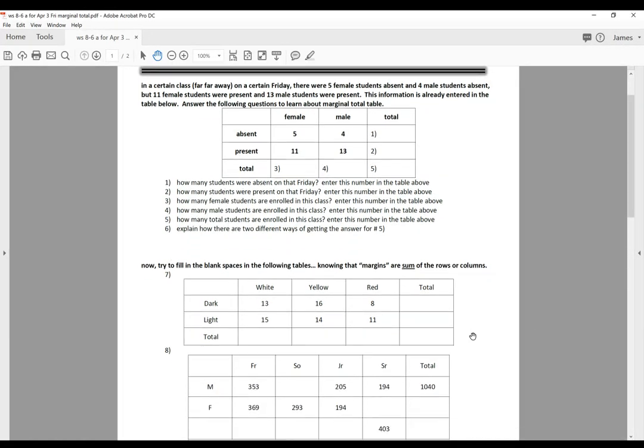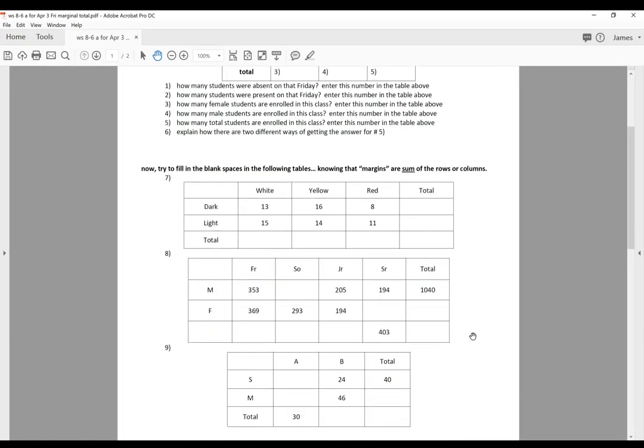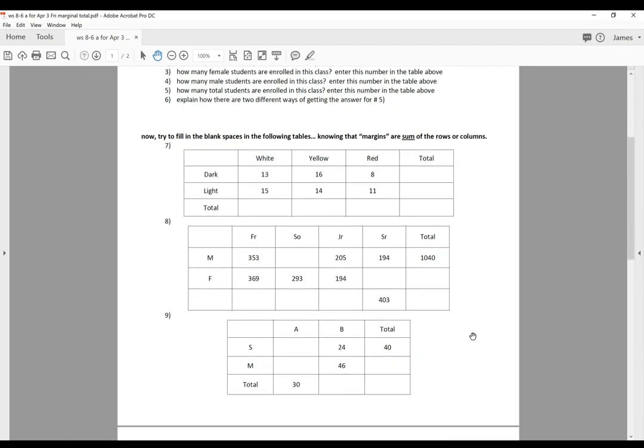Okay, and then let's see. So for like number 8, see how I'm giving you the total here of 1040, which means the unknown number is in here. So sometimes this is a case where you have to subtract.